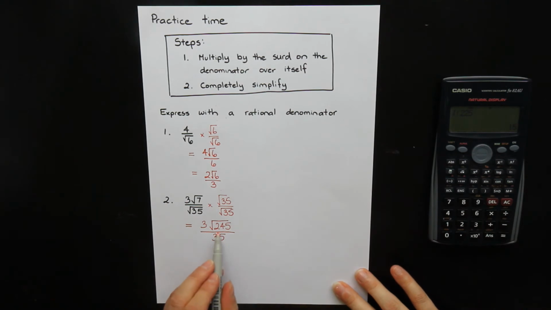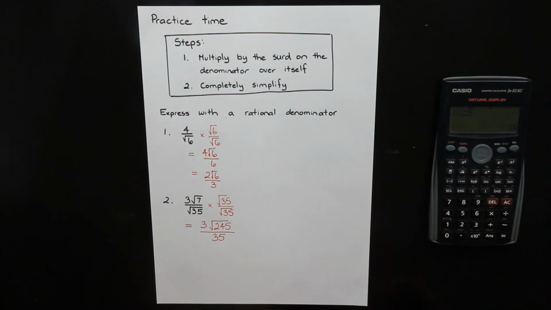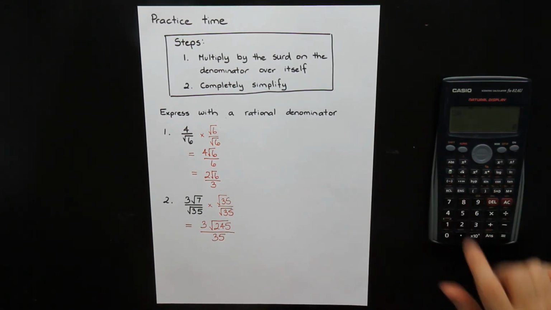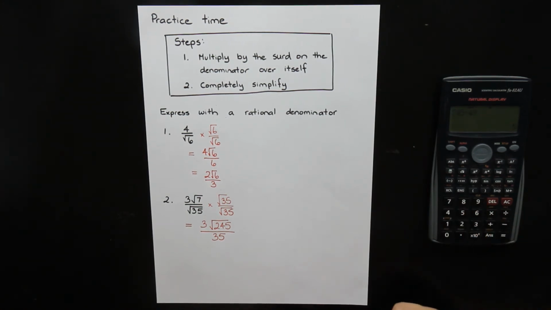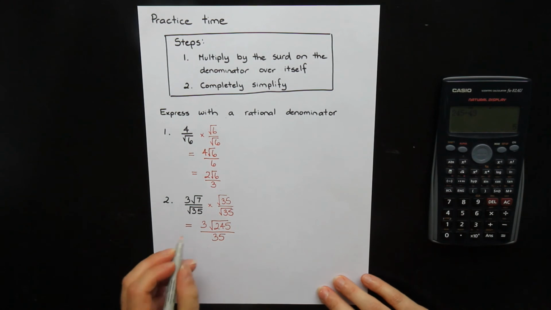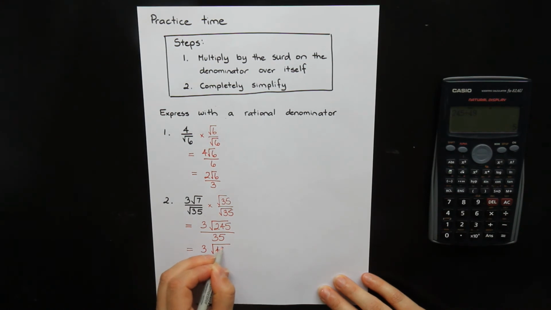Now 245, that's a pretty big number. Can I simplify that? So we have a look at our perfect squares. 245 can be divided by 49, and it goes 5 times. So leave the 3 at the front. 245 is 49 times 5.